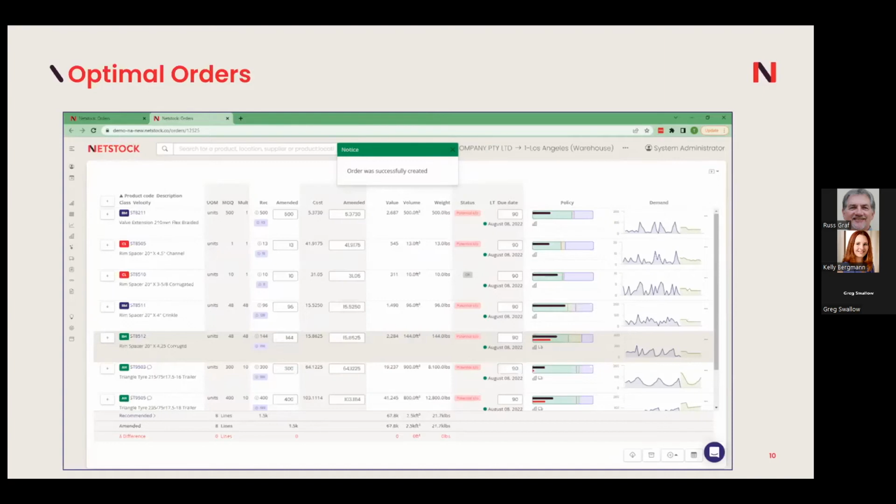Right. So very quickly, we show you, here's our recommendations. Here's why. Here's all the supporting evidence and argument as to why that's our recommendation. You as a buyer or planner, supply chain manager can look at all that stuff and agree or disagree, make a change, upgrade, change the quantities that we recommend, whatever it might be. Maybe do some more additions to this, which we help you to do to fill a container or get to a certain quantity for discounts or whatever the situation is.